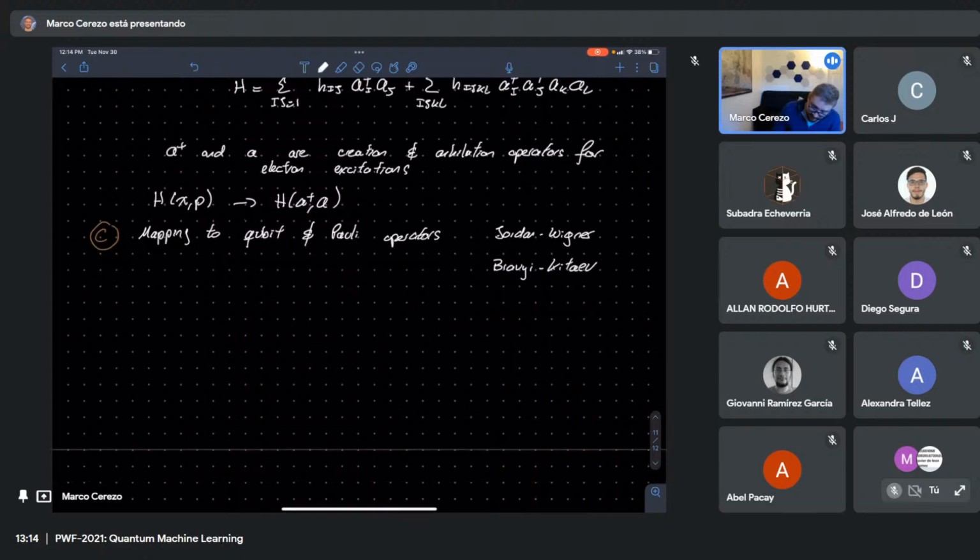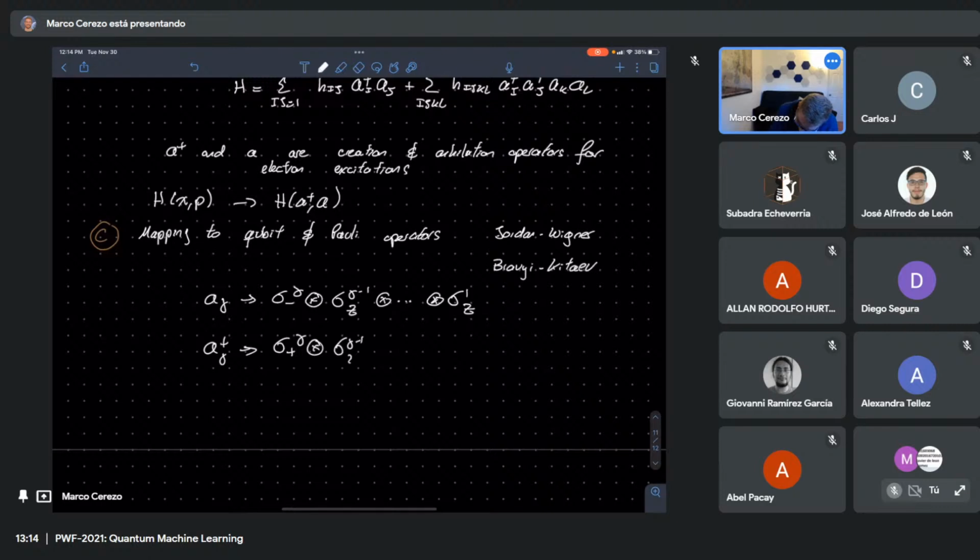Essentially what it does is that it takes creation and annihilation operators and maps them to something that looks like this: sigma j minus 1 z tensor product sigma 1 z, where I encode the excitations of electrons into bit strings, and the position in that bit string encodes which orbital the excitation is in.